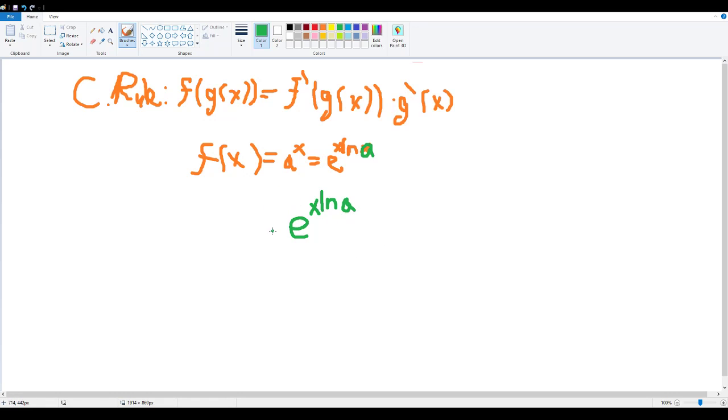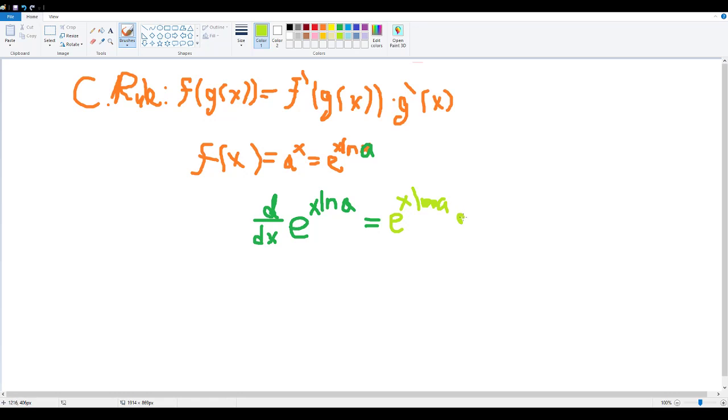So we're going to say, right, d dx of e to the x ln a, right? Finally, now we can do the actual differentiation. Very simple.